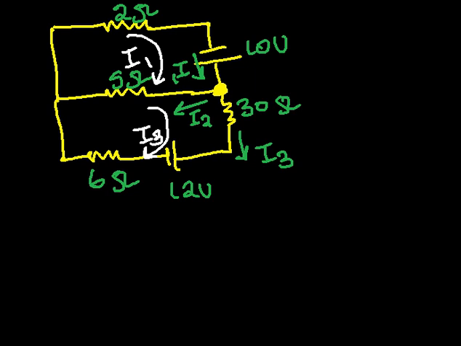Then let's start. Here are the procedures that you have to follow. What is the current flow in loop 1? We have indicated it as I1, in an open bracket.